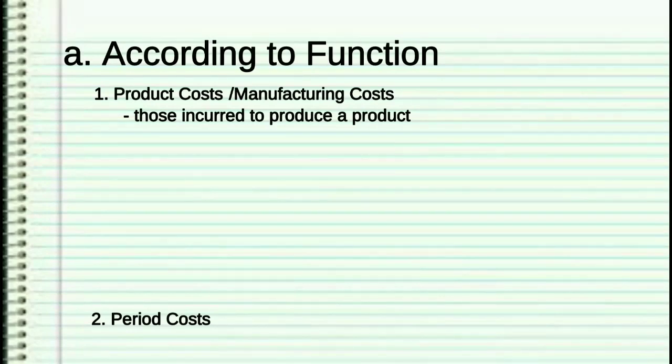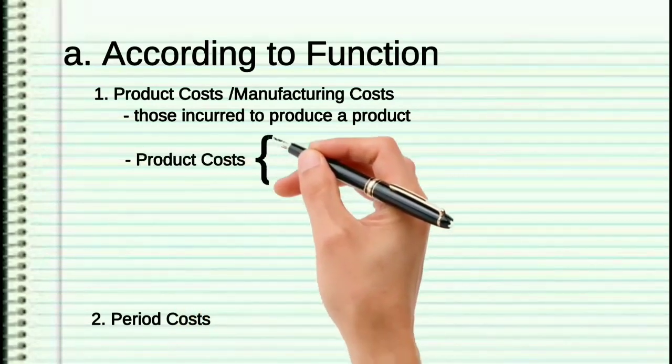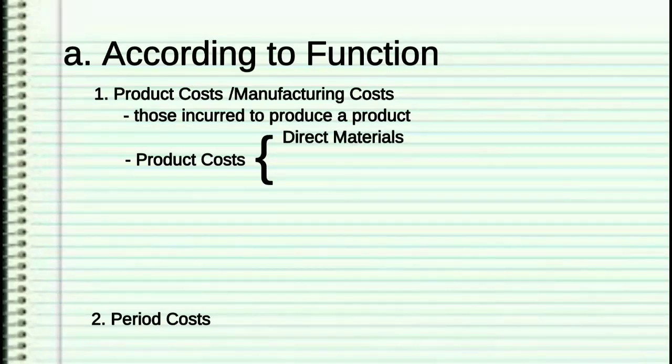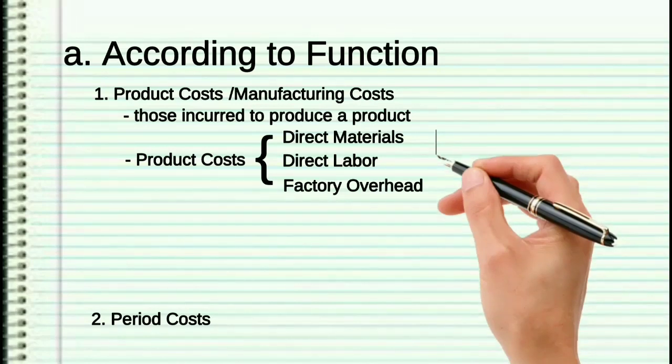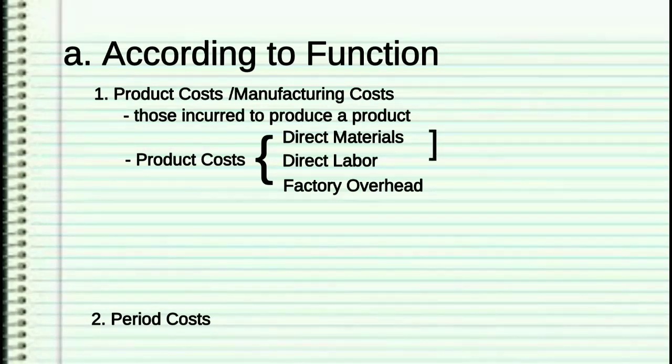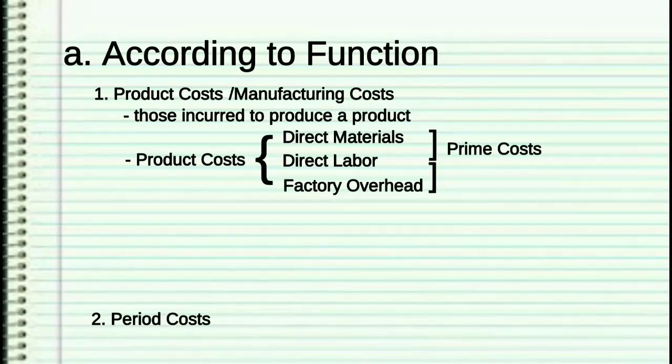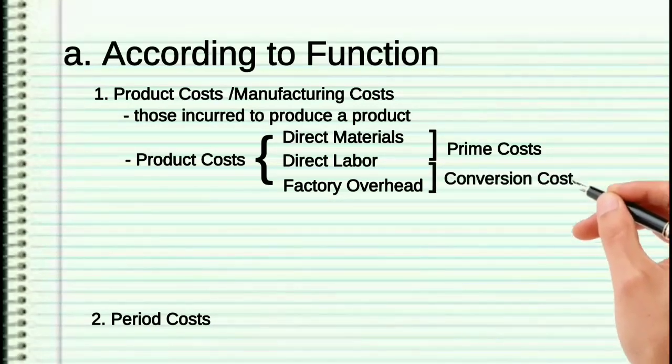We have three product costs or manufacturing costs, and they are first, direct materials, second, direct labor, and third, factory overhead, or otherwise known as manufacturing overhead. For additional information, the sum of direct materials and direct labor are called prime costs, and the sum of direct labor and factory overhead are called conversion costs.